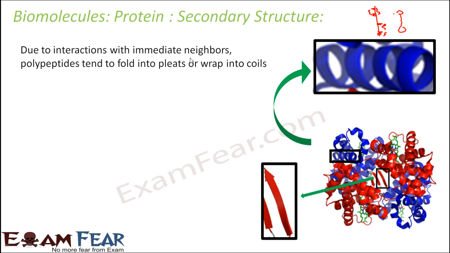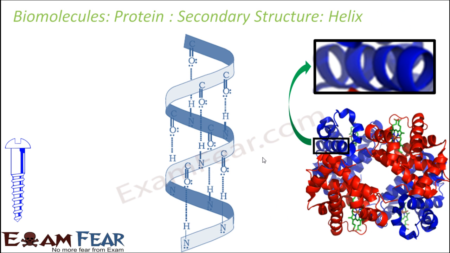Two types of structures are observed in the secondary structure. Sometimes they get folded in a pleated structure, or sometimes in a coiled structure. This is the coiled structure and this is the pleated structure. The coiled structure is nothing but the helical structure, or helix. This shape is known as helix.